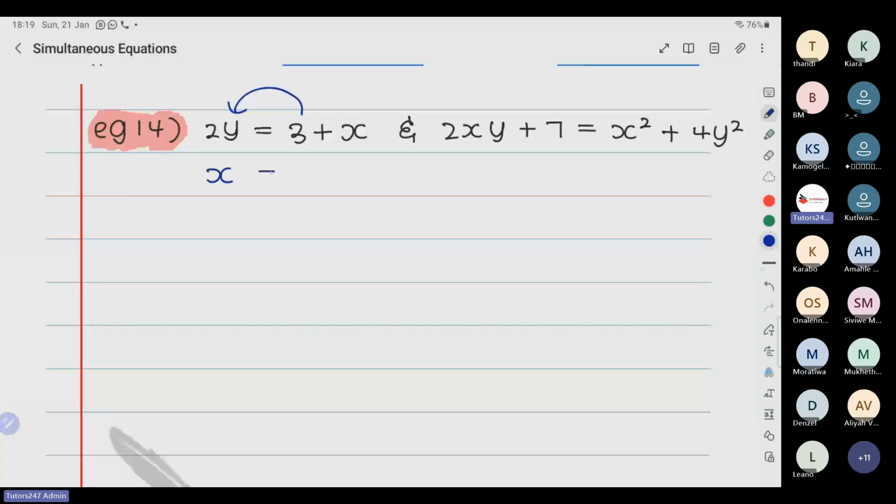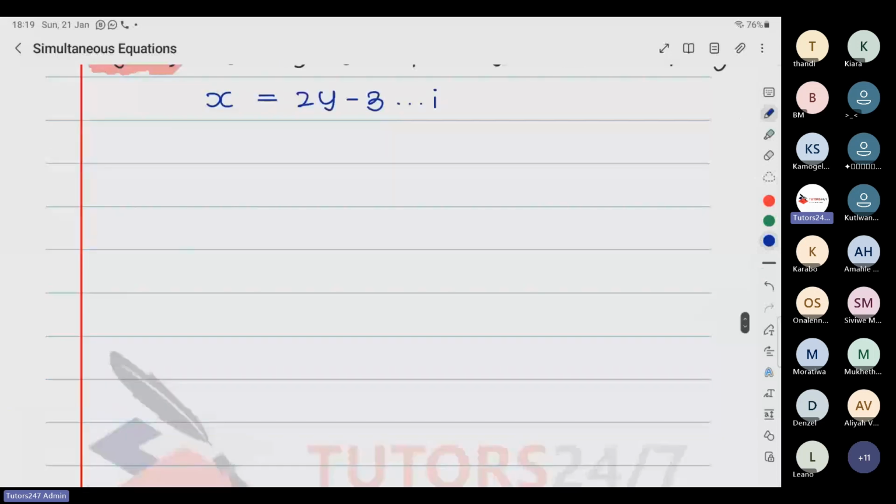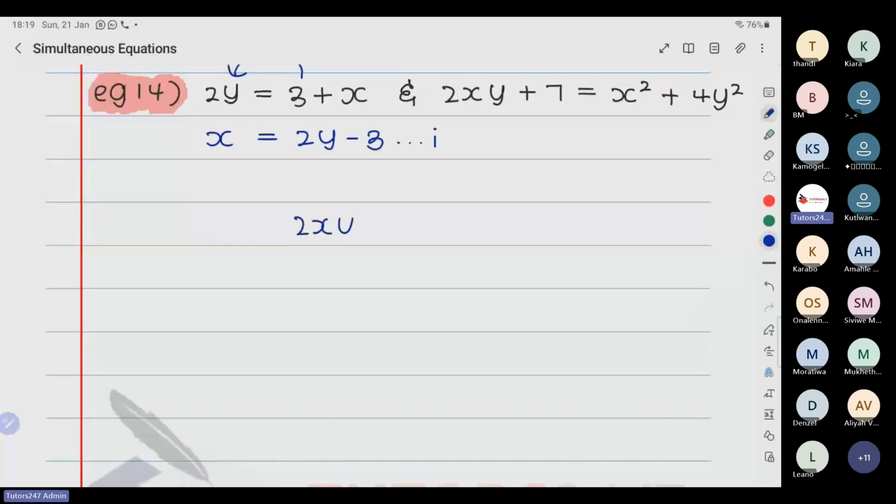So we then have x equals 2y minus 3. Now that is equation 1. We are going to take that equation 1 and substitute it into equation 2. So equation 2 is 2xy plus 7 equals x squared plus 4y squared.